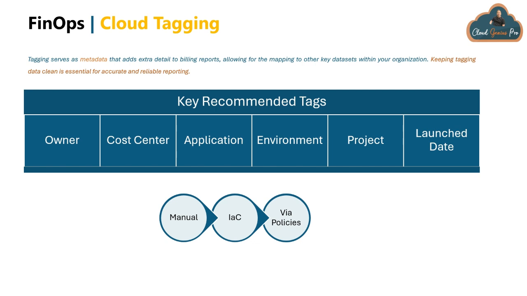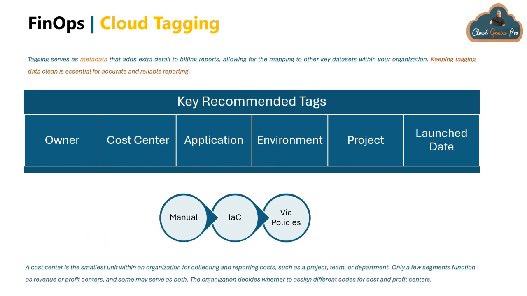Some of you who are very new to FinOps might not be aware of what a cost center is. A cost center is nothing but the smallest unit of an organization that is going to pay for that particular resource. It could be a project, a team, or a department. It depends on the individual organization or enterprise how they want to define cost centers.